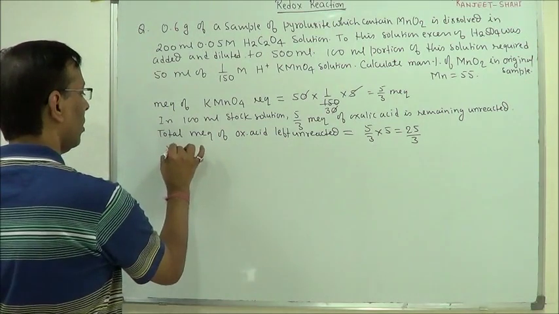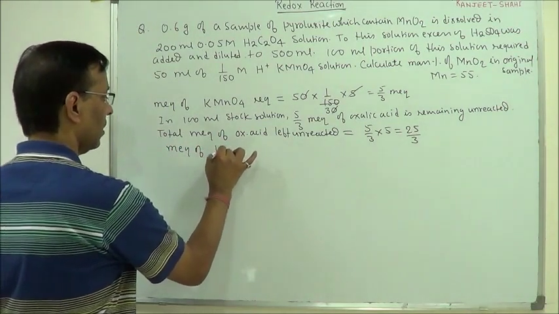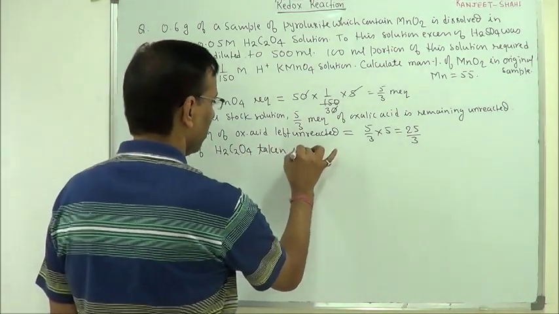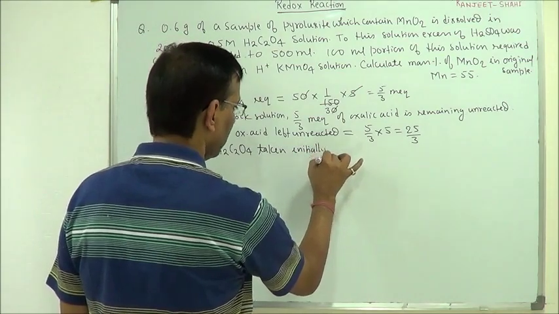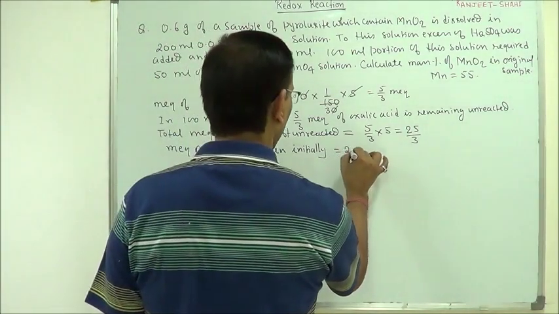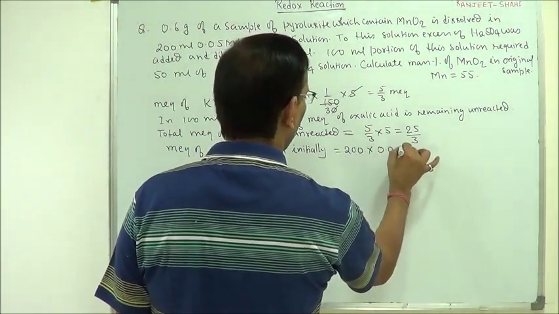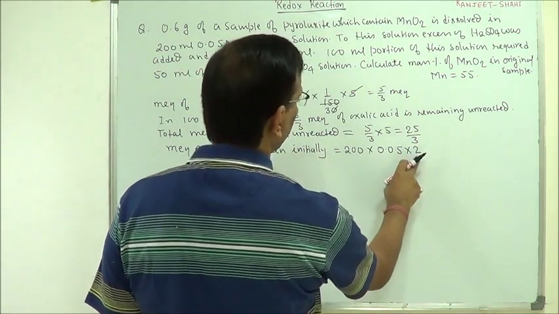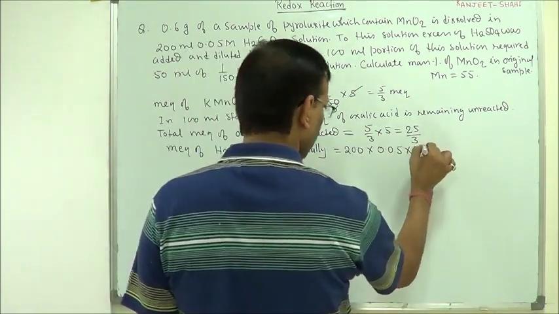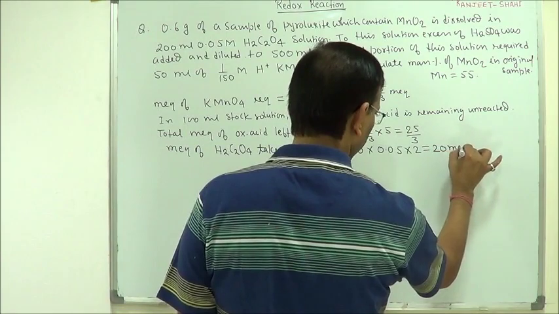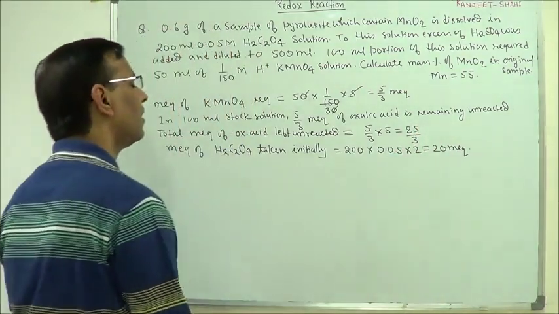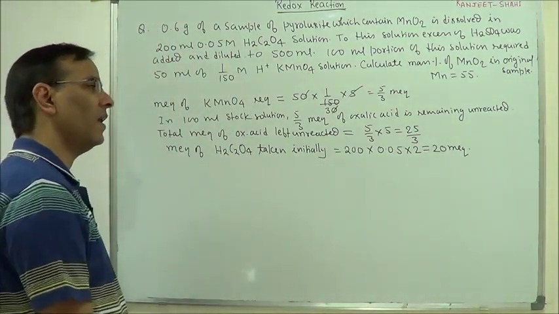Now, milliequivalent of oxalic acid taken initially: it was 200 milliliter into 0.05 molar into 2, since the n factor for oxalic acid is 2, so molarity into 2 is normality. So it is 0.1 into 200, so 20. So initially 20 milliequivalent was taken, out of which 25 by 3 milliequivalent are left unreacted.